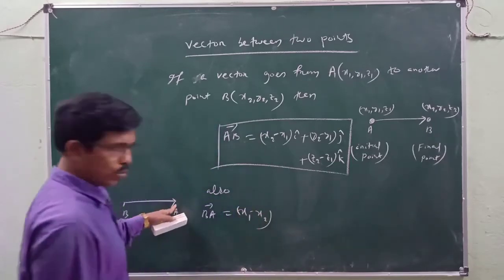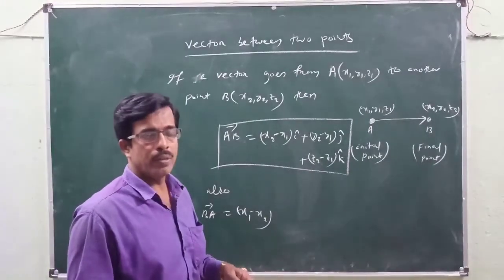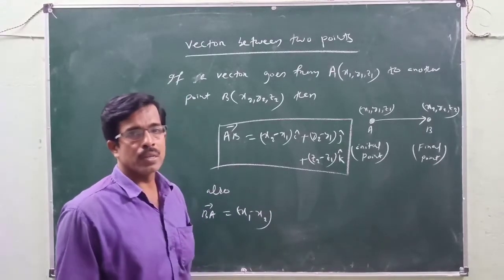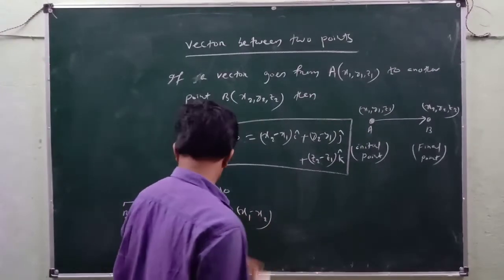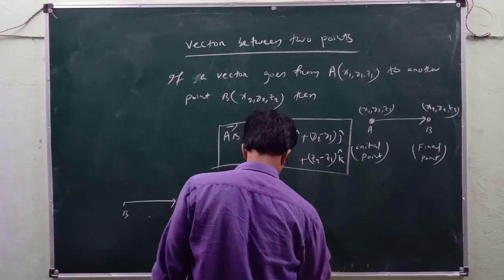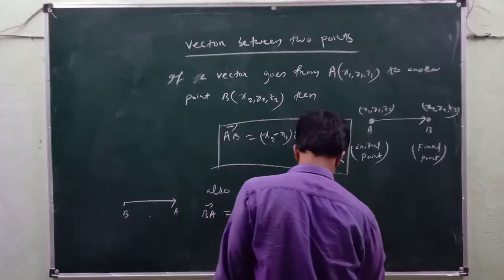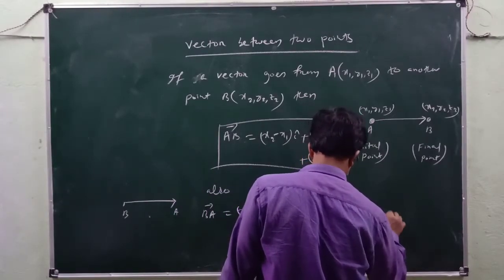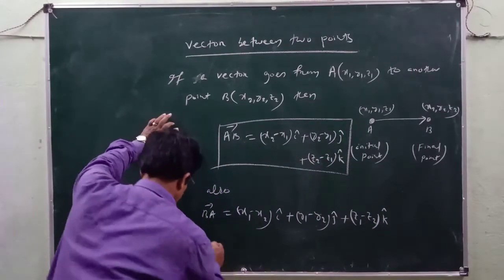That means coordinates of final point minus coordinates of initial point, the same as subtraction of matrices. So it will be x1 minus x2 I cap, then plus y1 minus y2 j cap plus z1 minus z2 k cap. Okay, now you look here.